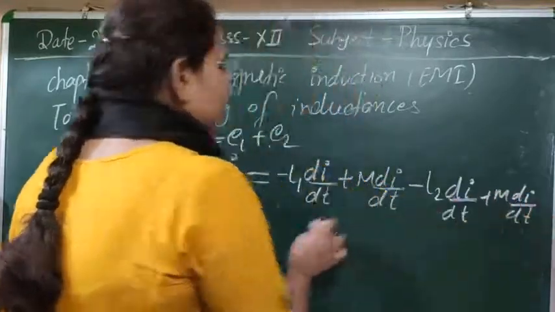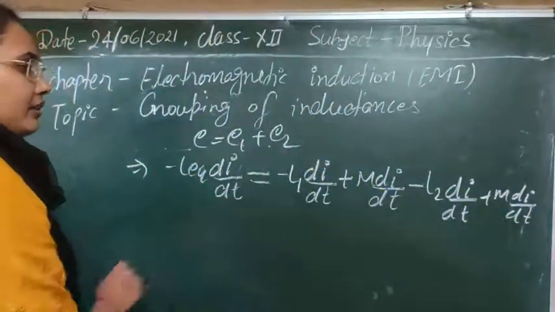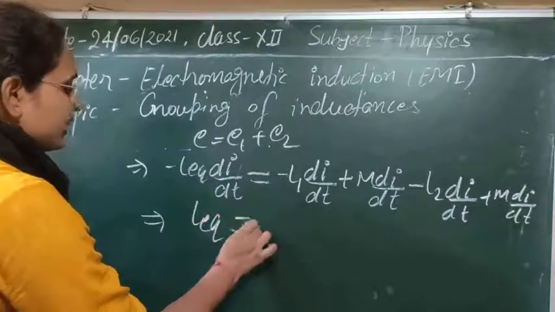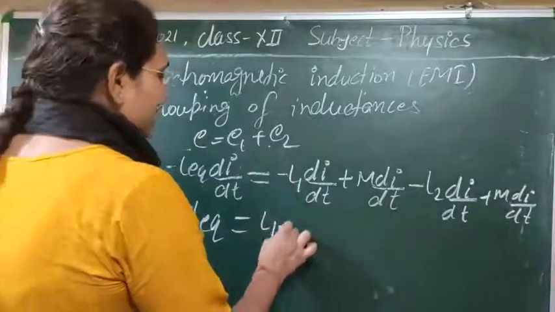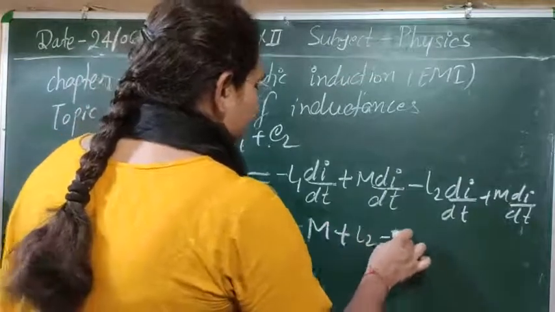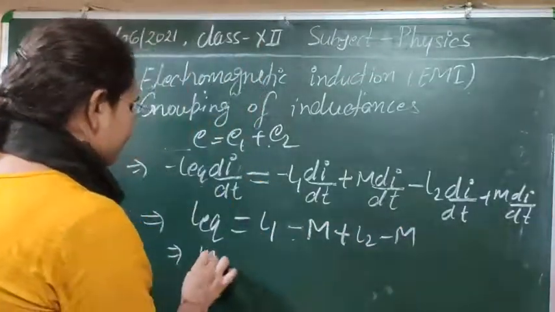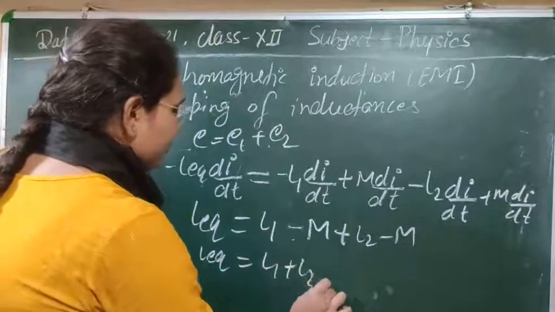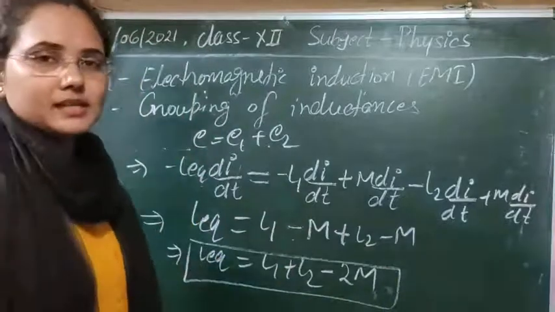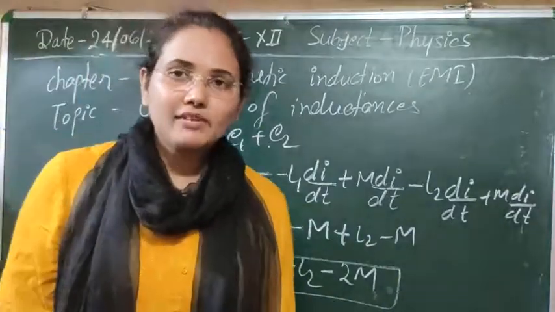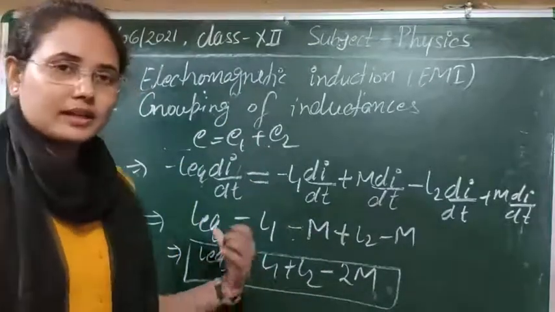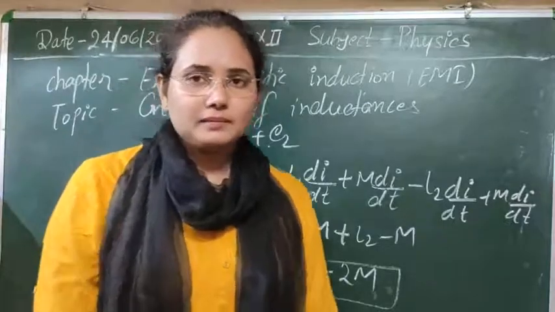From here we can take di by dt common and cancel it out, and also take the common negative sign. So L equivalent is L1, in place of plus M it will be minus M, plus L2, it will be minus M. So finally L equivalent has the value L1 plus L2 minus 2M. So these are the two cases for the series combinations that we have seen, giving the value of the equivalent inductance for the series combination.